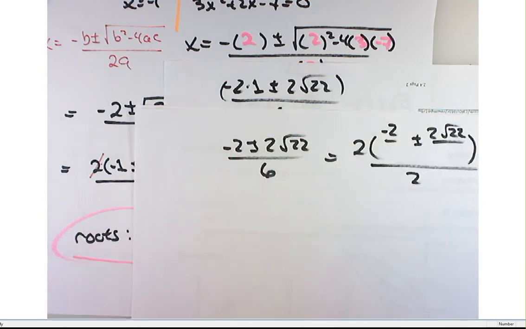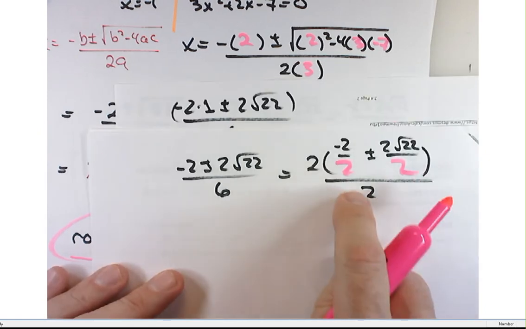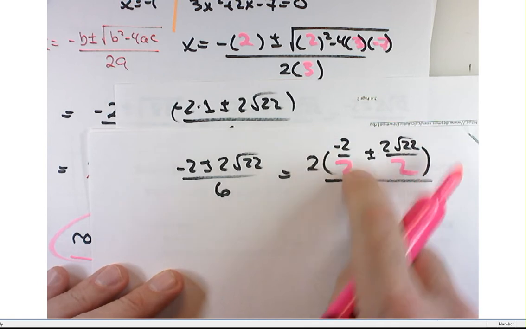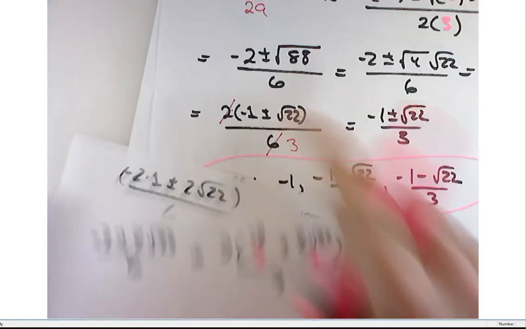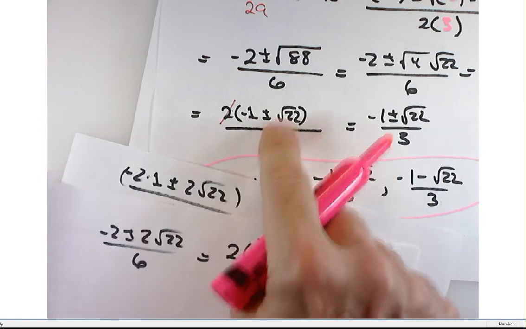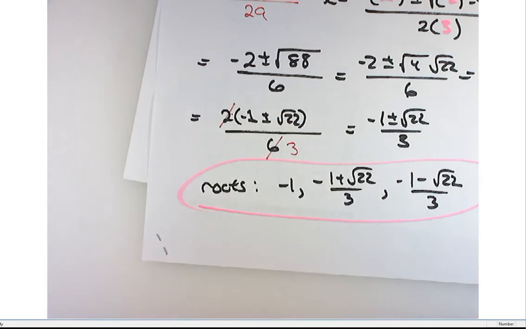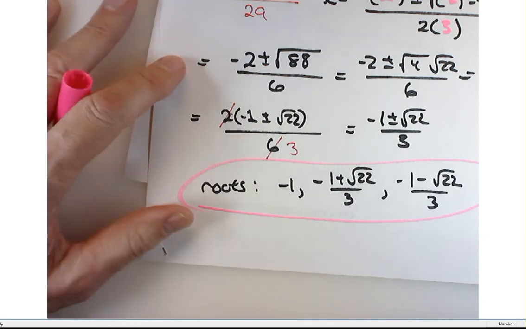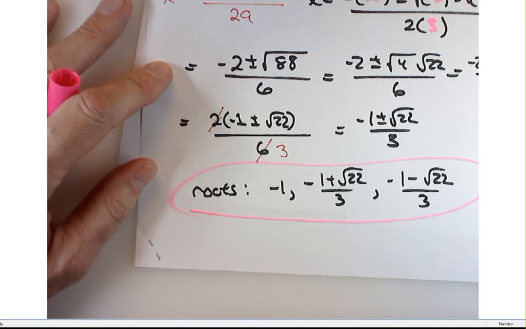Let me put that 2 in a different color. So when you simplify, negative 2 divided by 2, that gives you your negative 1, and then the 2 cancels there, leaving you with the square root of 22. So one way or another, you're going to be left with a negative 1 plus or minus square root of 22. Which way did you like better, the first way or the second way? Second way? Okay. All right.